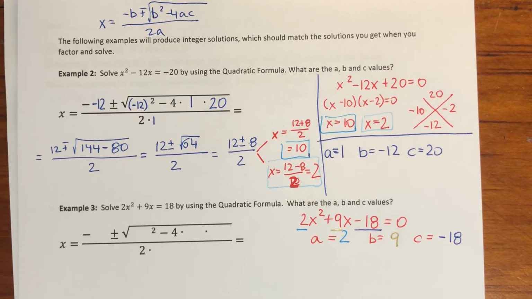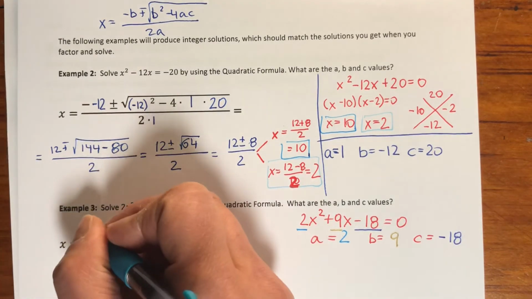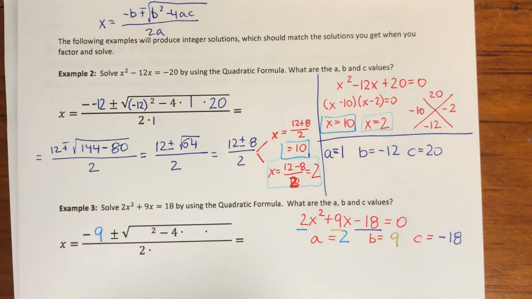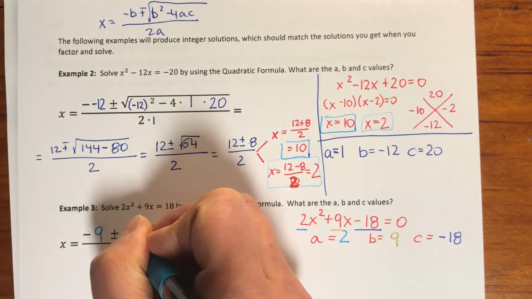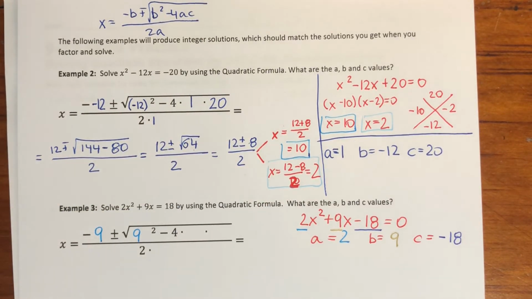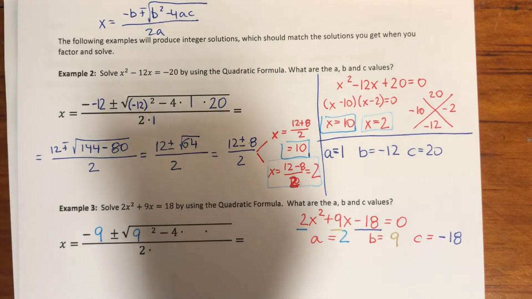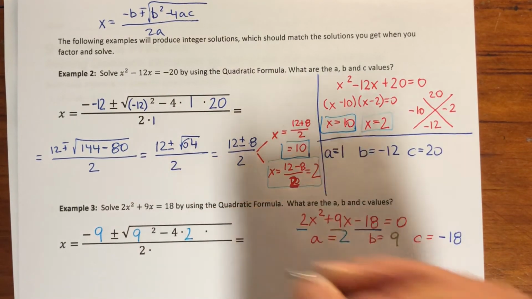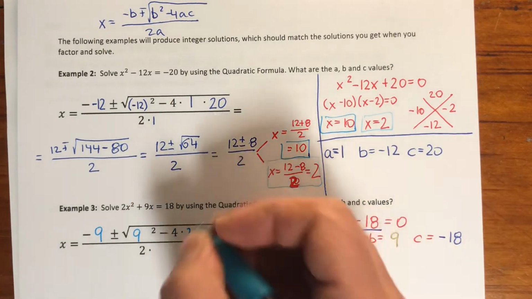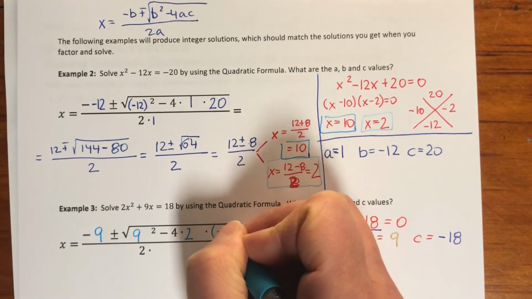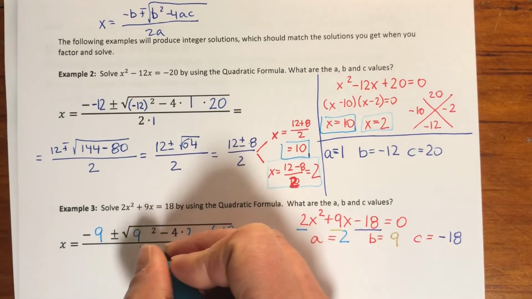So again, the formula is negative B, so negative is in the formula 9. B squared, so 9 squared, minus 4 times A, which was 2, times C, which is negative 18, divided by 2A, so 2 times 2.